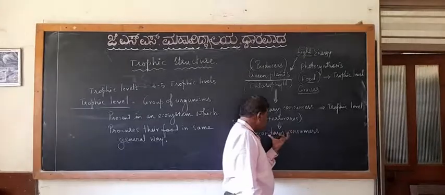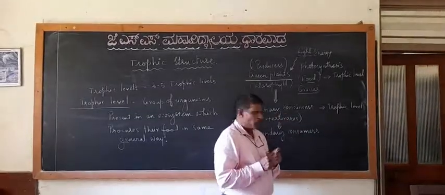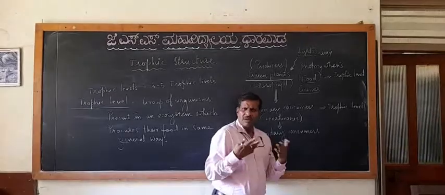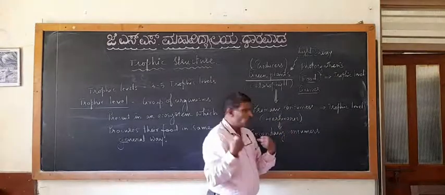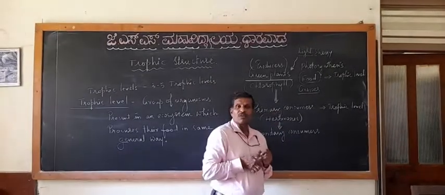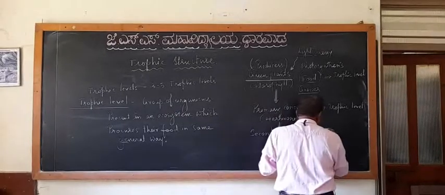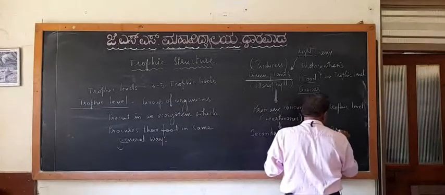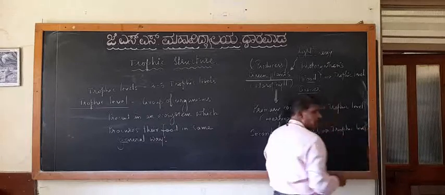The way of getting the food in secondary consumers is common. Whether a secondary consumer is small or large, the way of getting the food is through consuming primary consumers. That is why all secondary consumers belong to one trophic level.